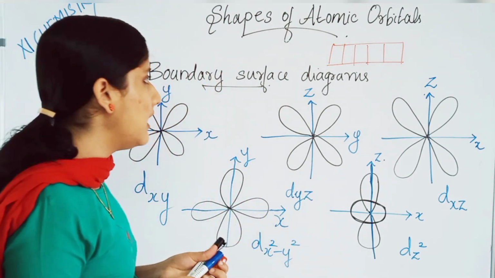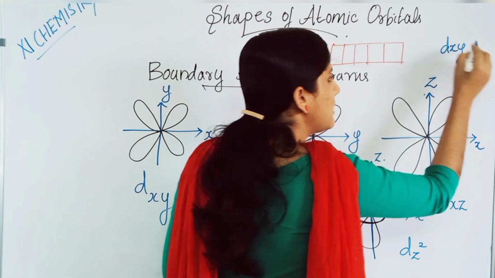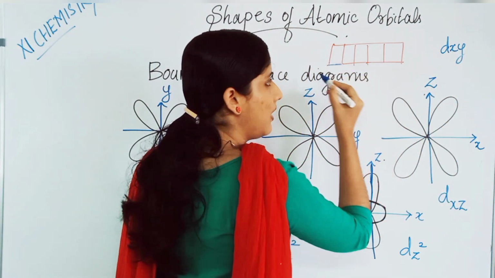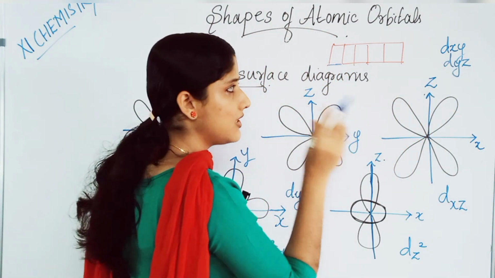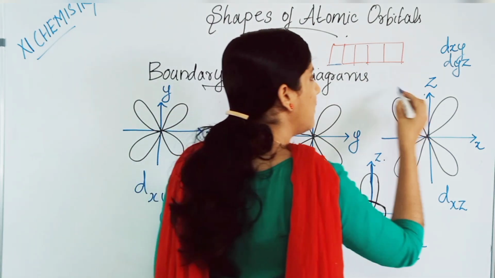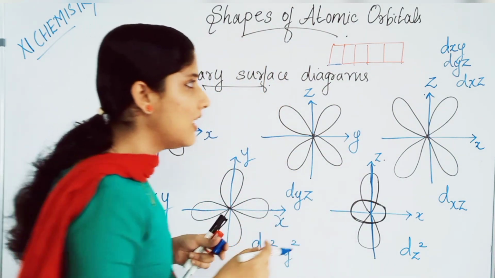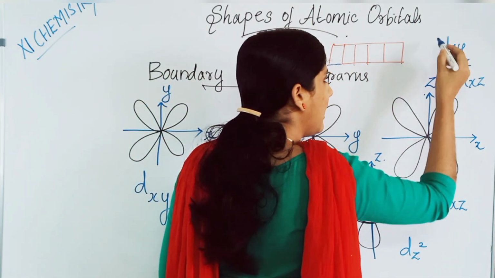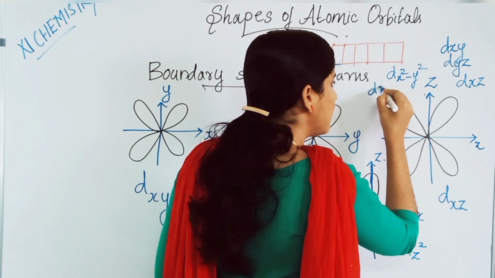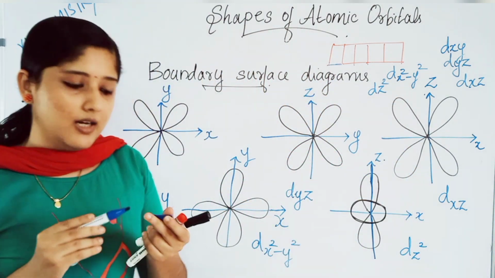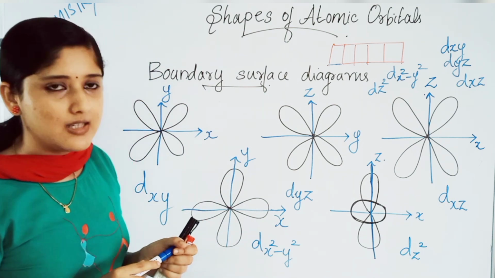We will name them dxy, dyz and dxz. dxy is the first d orbital, next is dyz, and the next one is dxz. xy, yz and xz are the 3 orbitals. The next orbital is dx square minus y square and dz square.